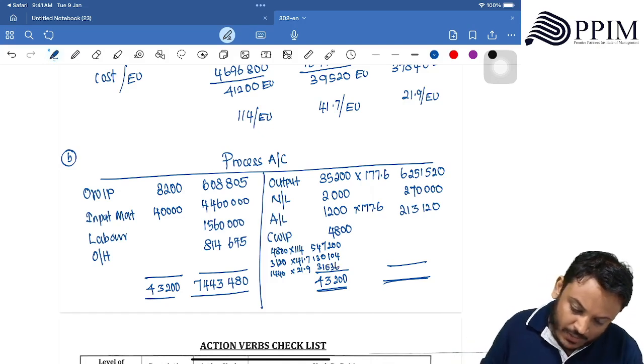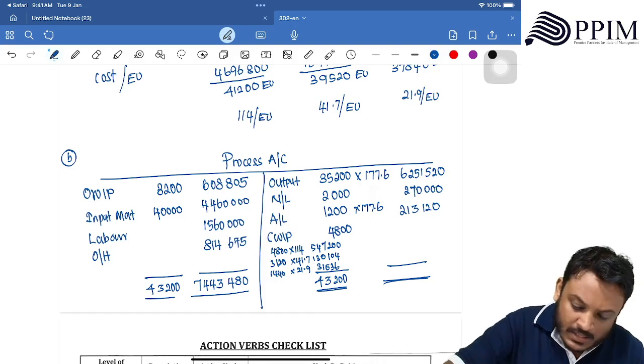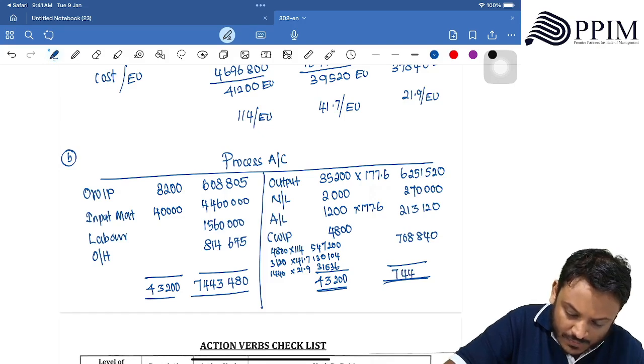So 31,536, 130,104 plus 547,200, altogether 708,840. So the total cost is tallied, 7,443,480.